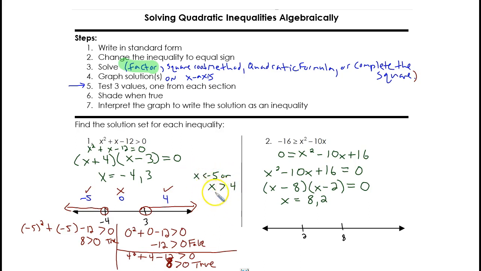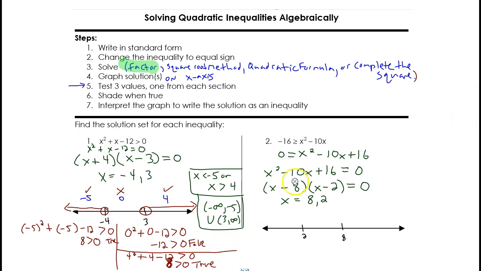That's one way to write this answer. In interval notation, we would say -infinity to -5 union 3 to infinity. And that would be the interval notation. Those are both correct. One is written as an or statement, one is written in interval notation.